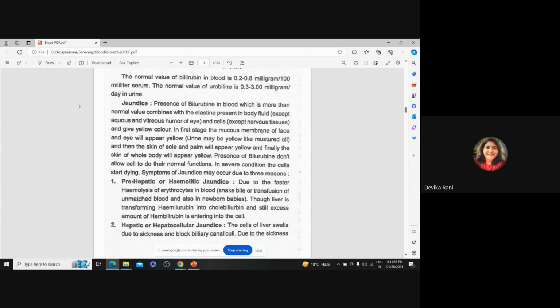So whenever a person has jaundice, you would notice that the person's eyes start looking yellow. The face starts looking yellow, and slowly the skin, the sole, the palm will start looking yellow. And finally, as the jaundice grows, the whole body will appear yellow.